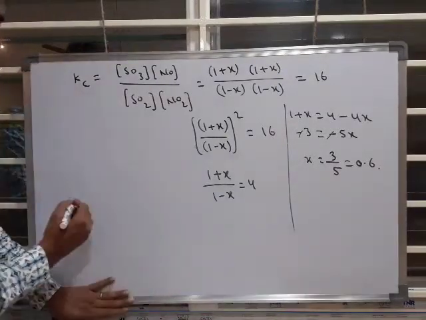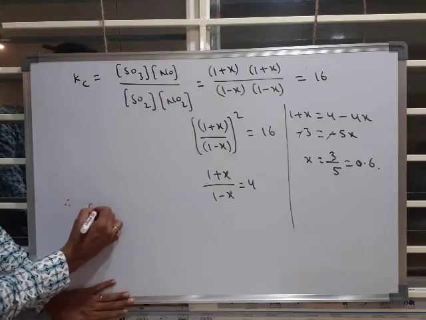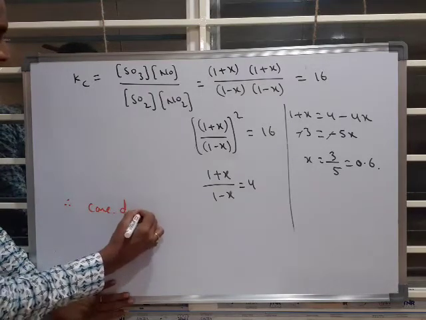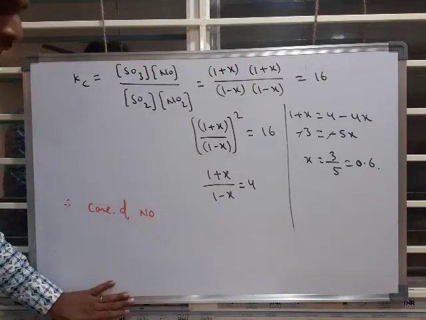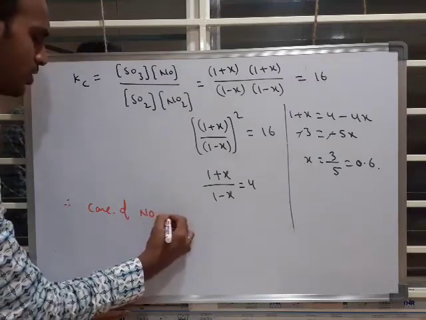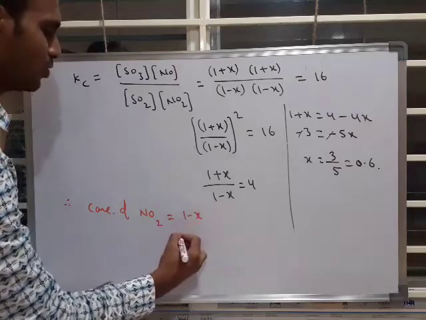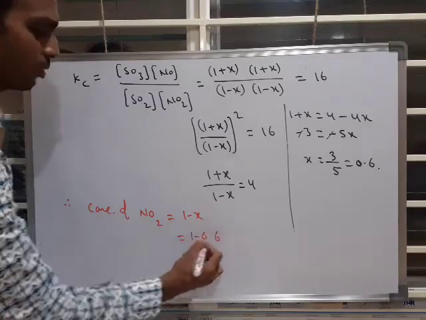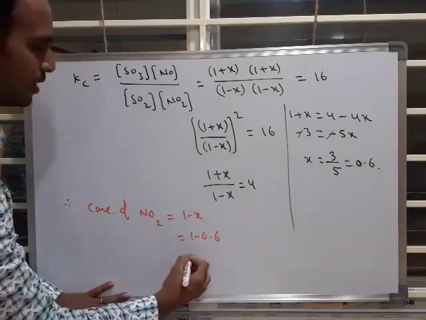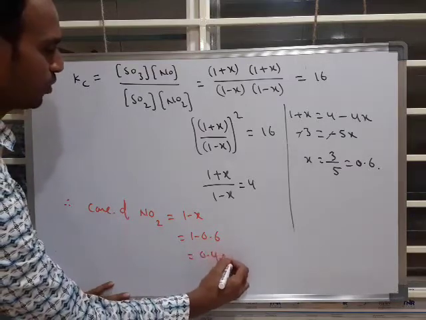Once x is found, the concentration of NO2, the first question, equals 1 minus x only. So 1 minus 0.6 equals 0.4 moles.